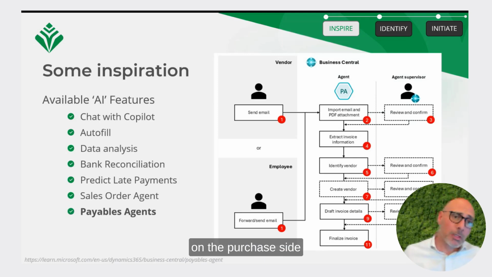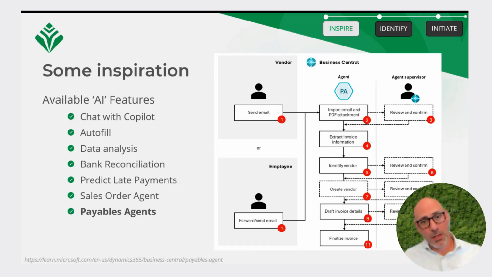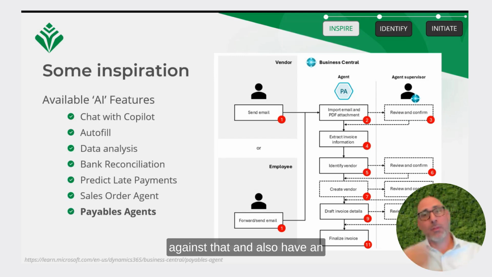On the purchase side, they did the same thing, but with a so-called payables agent, to check incoming emails from your vendors, your suppliers, with an invoice in them, to check if those invoices are actually also in our system and if that vendor already exists in the system, so it can prepare and match the purchase orders against that, and also have an approval flow coming up and detect anomalies in there.